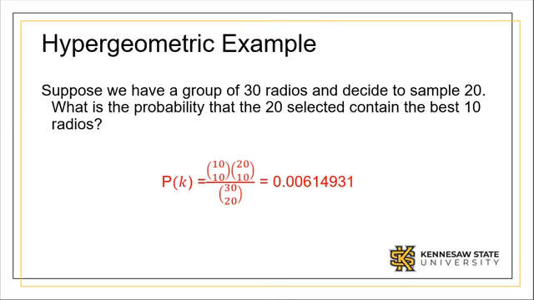Number of occurrences in the population, D, is 10. Number of occurrences, K, is also 10. Using the formula, we get 0.00614. A very small likelihood we will find the best 10 out of a sample of 20 from a population of 30.